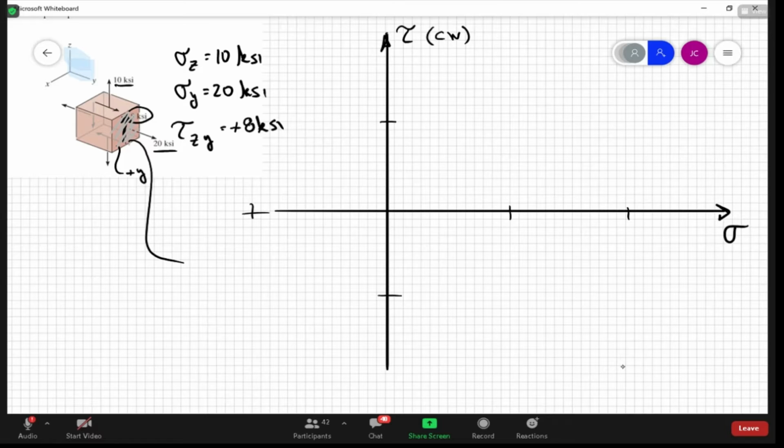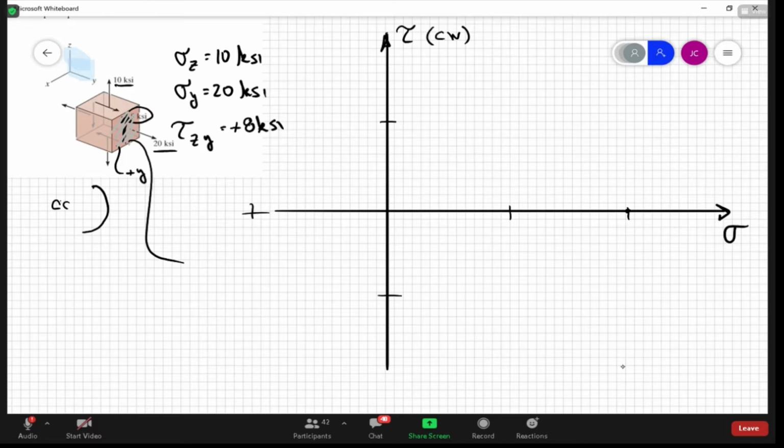So the normal stress of 20 ksi will be here. Then the shear stress on that face is 8 ksi, and that wants to rotate it around the x-axis. If we do a right-hand rule, I'm sorry, how do we say that?